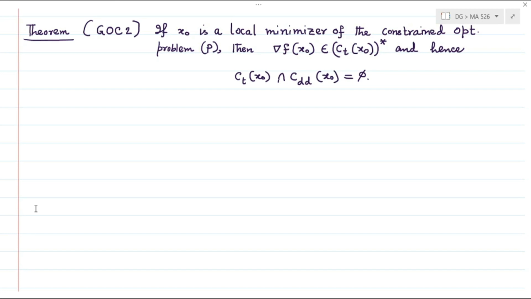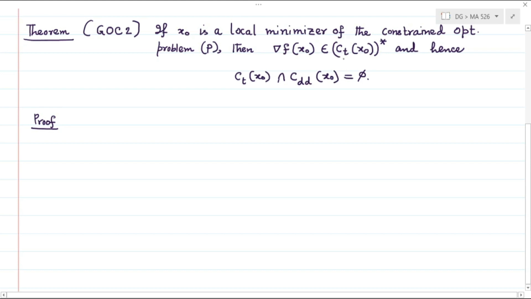Now here we note the following, in the lines of the proof. We note that x0 is given to be a local minimizer, and what do we have to prove? We have to prove that grad f(x0) belongs to the dual cone of the tangent cone.